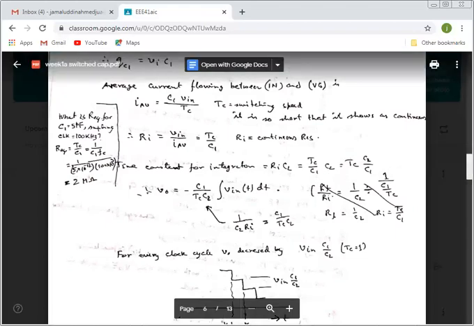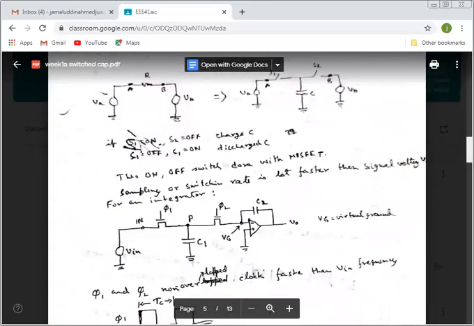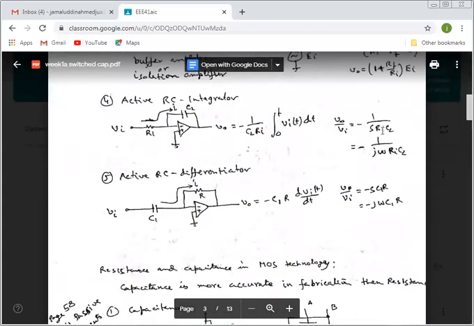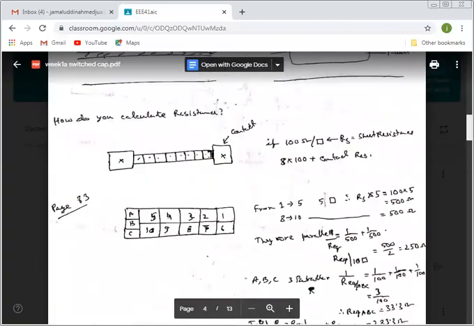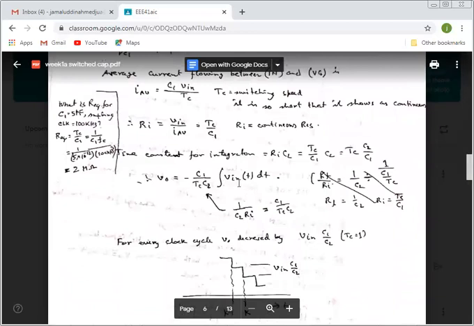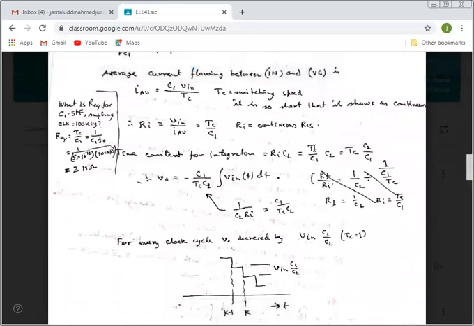In the integrator, if you see in the first, here, we need R1C2. We keep the C2 here and we replace R1 with the C1. So R1 will be Tc by C1, Tc by C1 into C2, C2 by C1 Tc. This is the time constant.